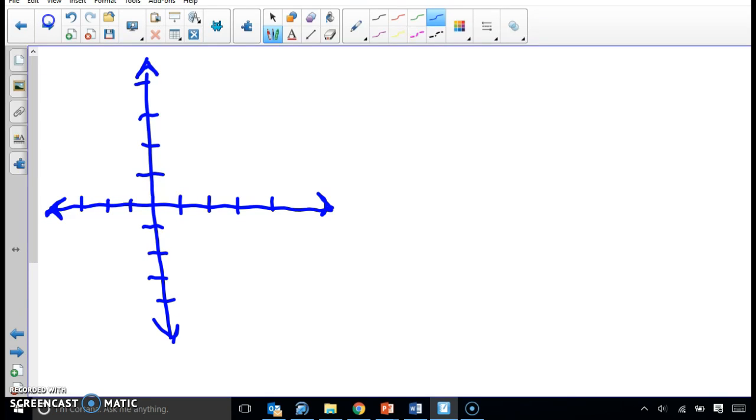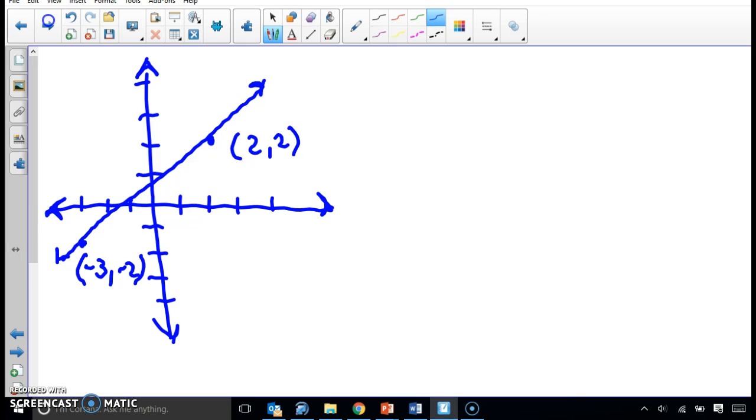All right, so I have a point here at 2, 2, and then a point at negative 3, negative 2. I have my line going through them. I can find the slope.